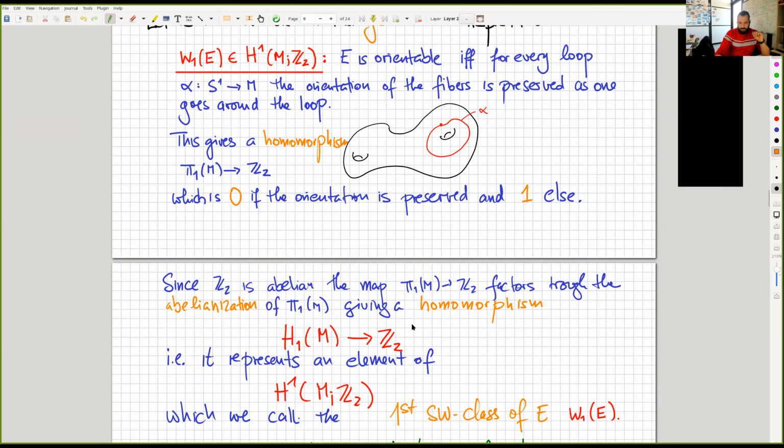Okay? So this gives just a homomorphism here, and this represents a class in H1. And if this class is 0, that's what I wanted to say, then your vector bundle is orientable, right? Because if this class is 0, then this thing holds, and then it's orientable by this fact here.